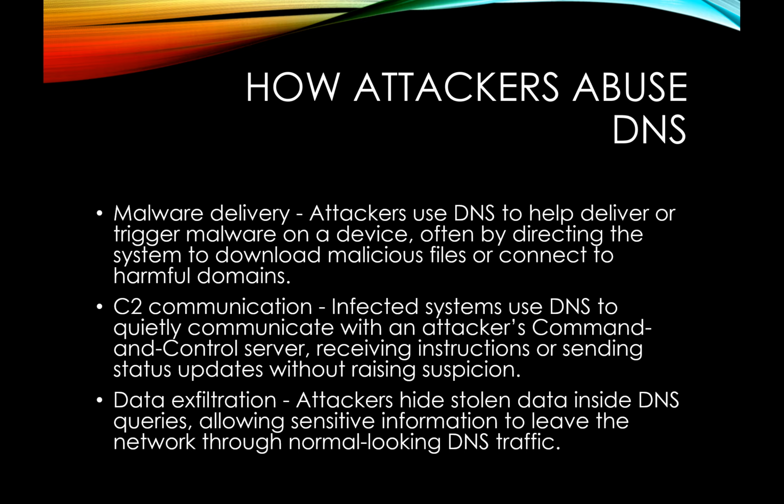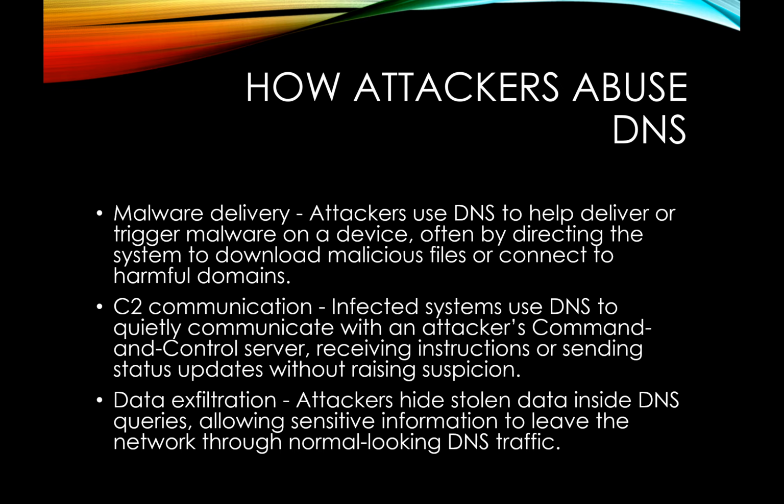The second is C2 communication, and the third is data exfiltration. Malware delivery means the attacker uses DNS to help deliver or trigger malware on a device, often by directing the system to download malicious files or connect to harmful domains.